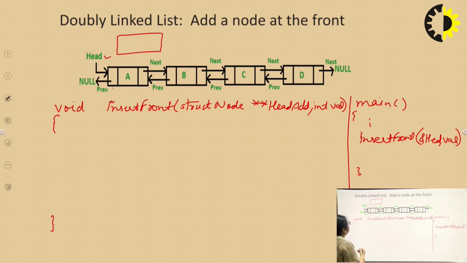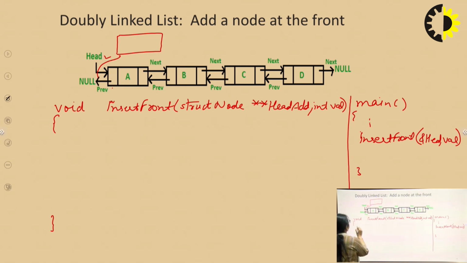Now I have to create this node and put it at the start. So first, I have to create a node, and it should contain the value that is to be stored.